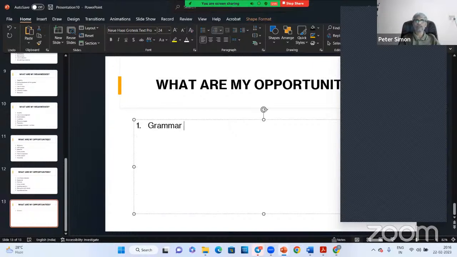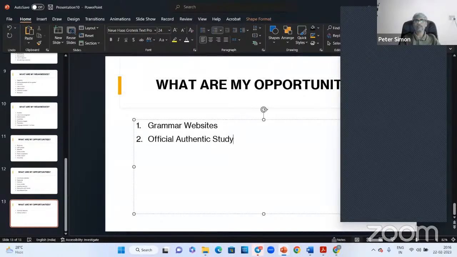Then grammar websites, and then official authentic study materials. Then you have an opportunity to make a progress sheet.